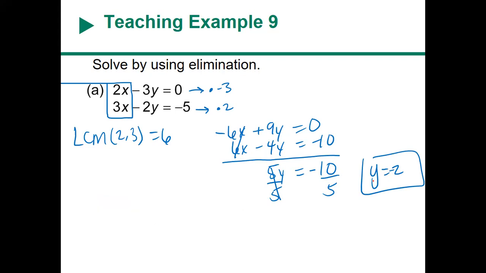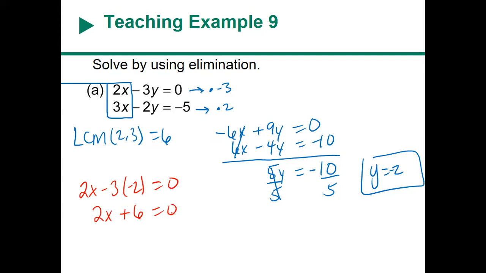Okay, to solve for your x, you choose either one of the original equations and plug in your y. So I'm going to choose the first one. So we have 2x minus 3, but instead of y, we're plugging in negative 2 equals 0. What is negative 3 times negative 2? 6.